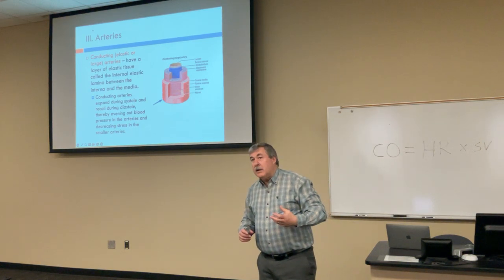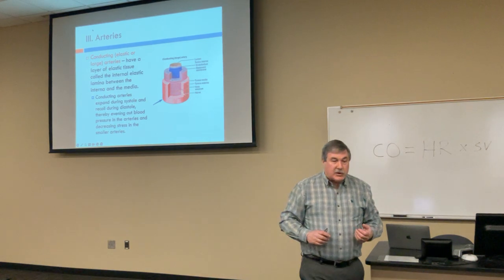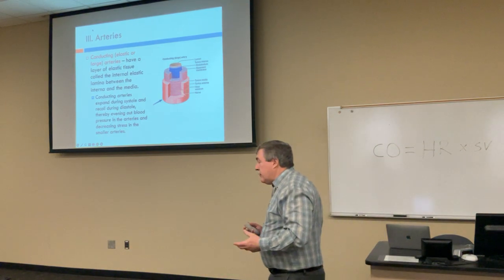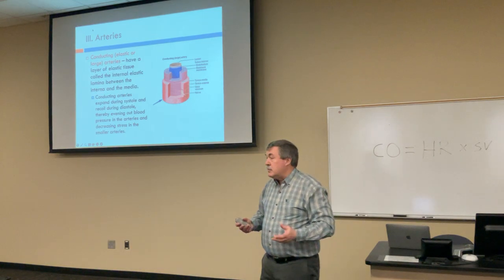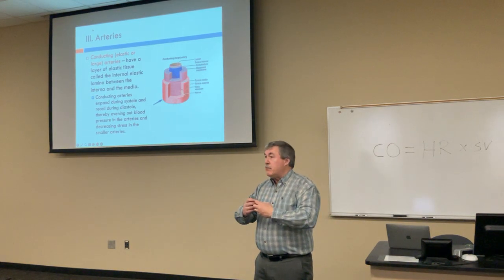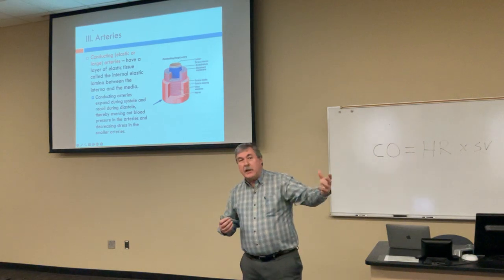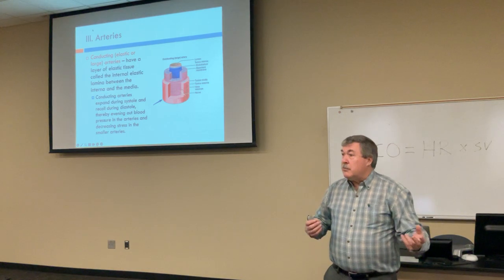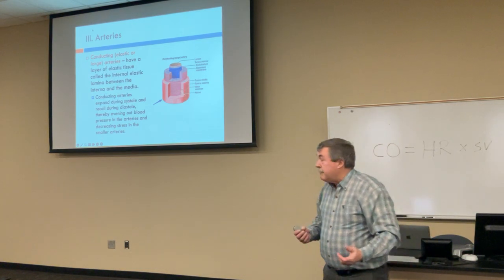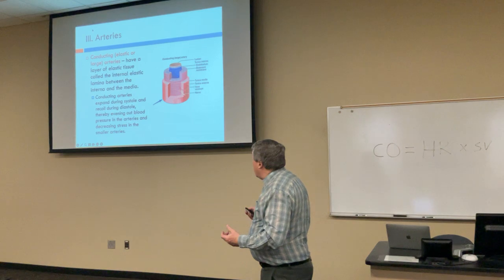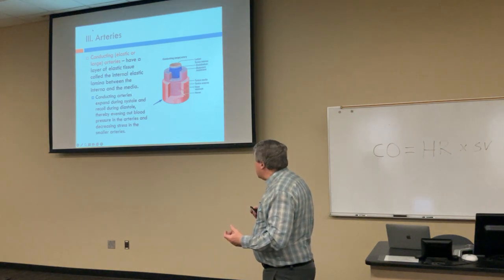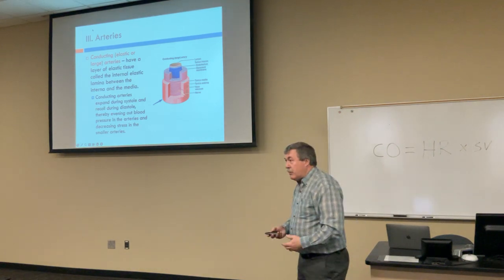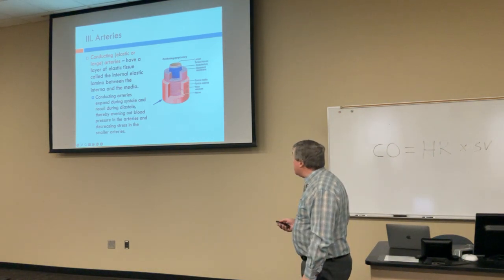The problem with really high blood pressure spikes is that they can increase your chances of getting an aneurysm, which is when the walls of a blood vessel get weak and start ballooning out like a balloon. And if one of those aneurysms ruptures, you can bleed to death internally. So conducting arteries expand during systole and recoil during diastole, therefore evening out the blood pressure, so you don't have such large spikes.